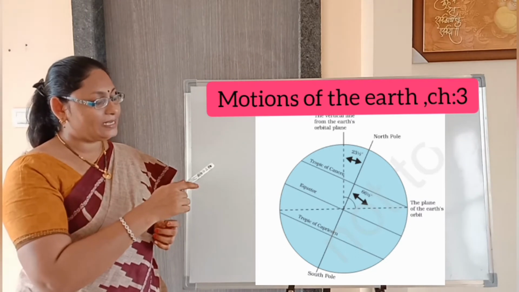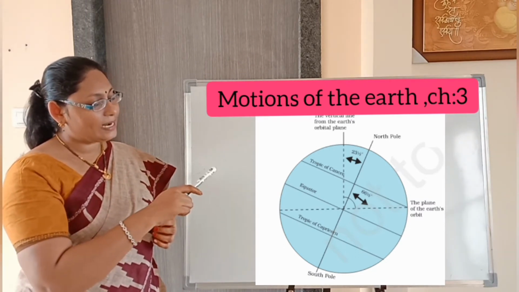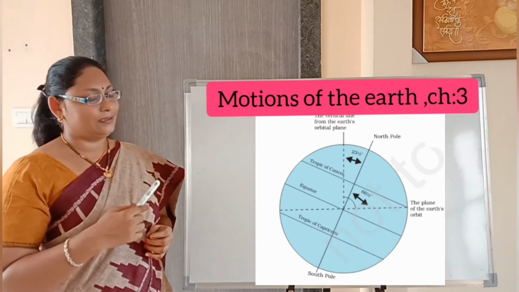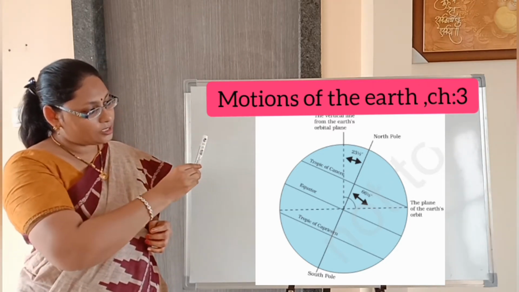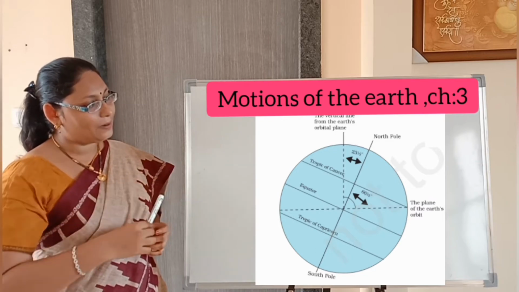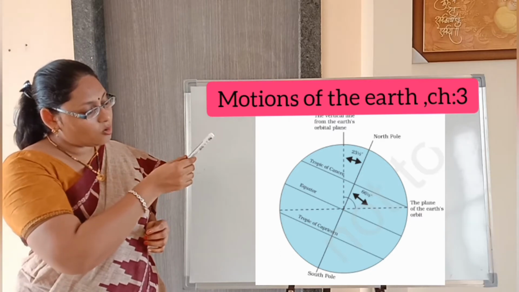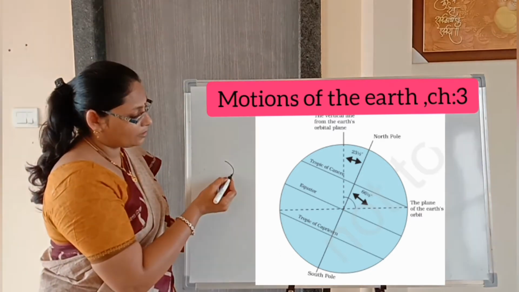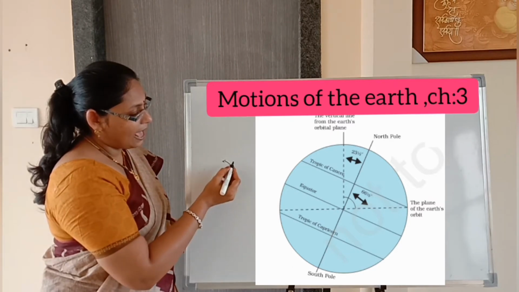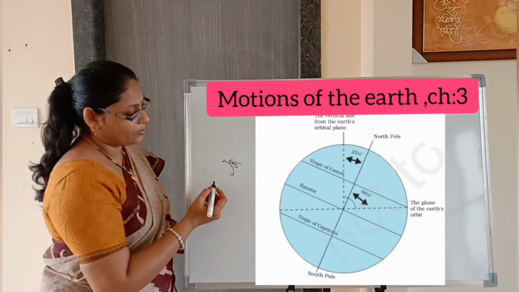That line is the axis and the horizontal dotted line is the orbital plane of the Earth. Then you can observe the angle difference of that orbital plane and Earth's axis. It shows the angle of 66 and a half degrees.